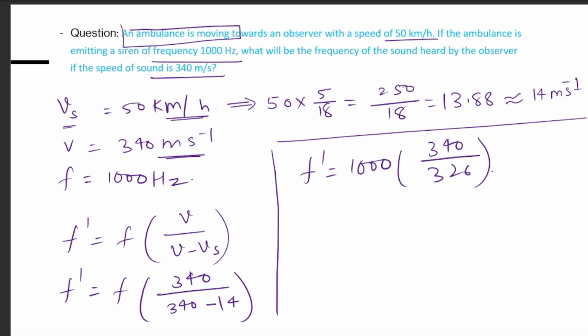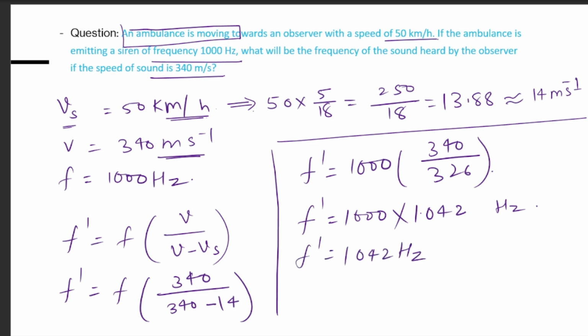Let's simplify it using a calculator. You are going to get 1000 into 1.042 hertz, so if you multiply 1000 with it, you will get 1042 hertz. This is the observed frequency of sound by the observer who is standing on the road.